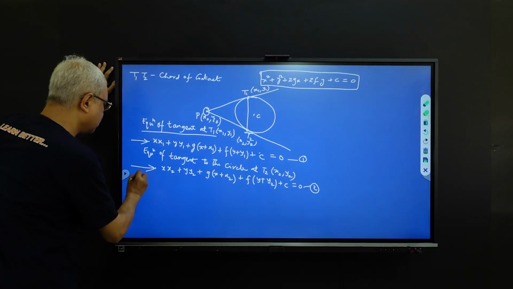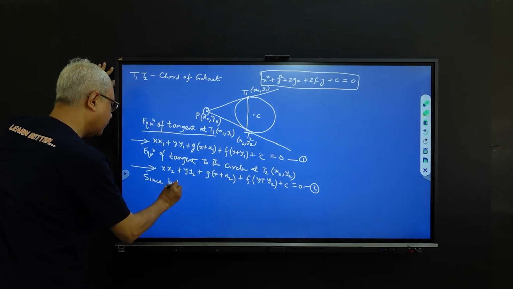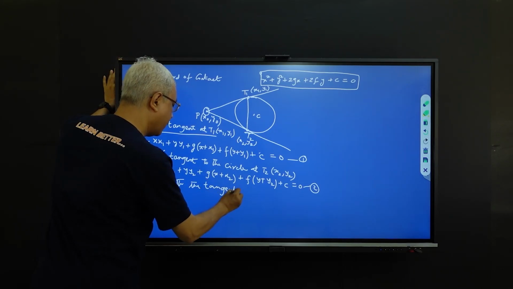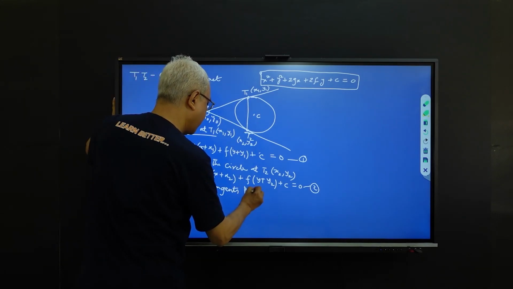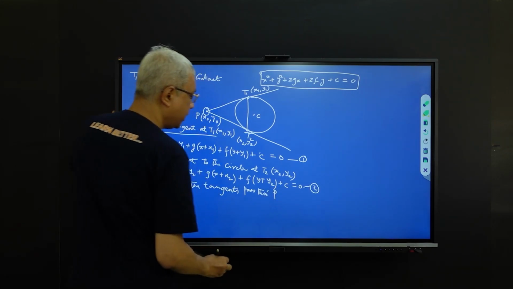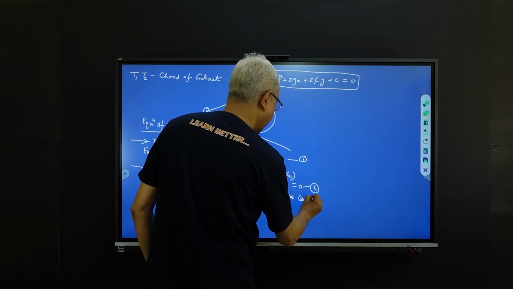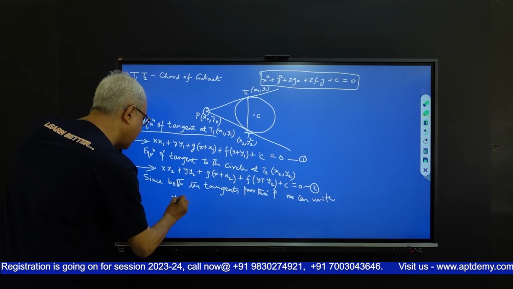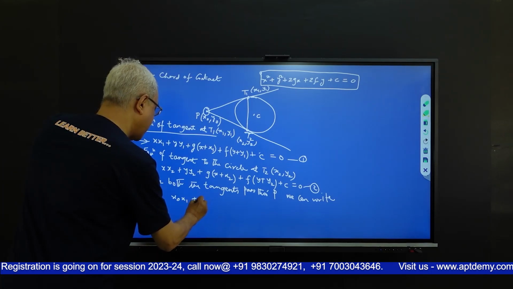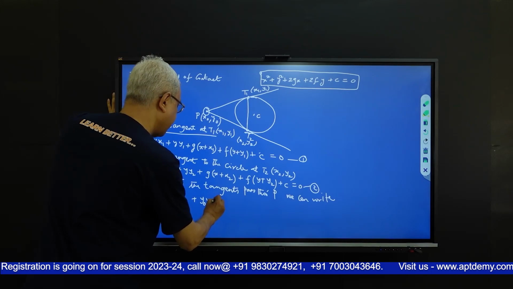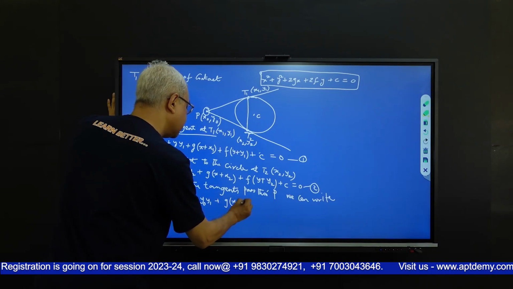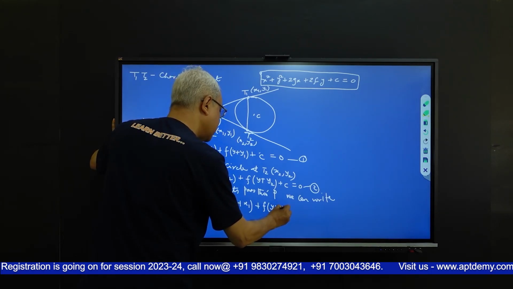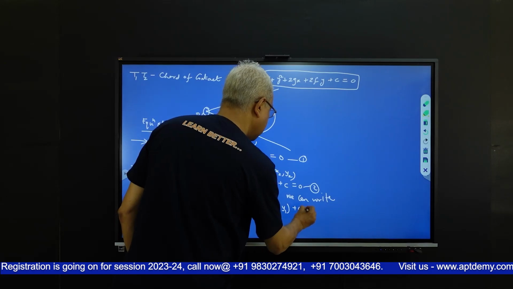Since both the tangents pass through P, from 1 we can write x0 x1 plus y0 y1 plus g(x0 plus x1) plus f(y0 plus y1) plus c equal to 0.